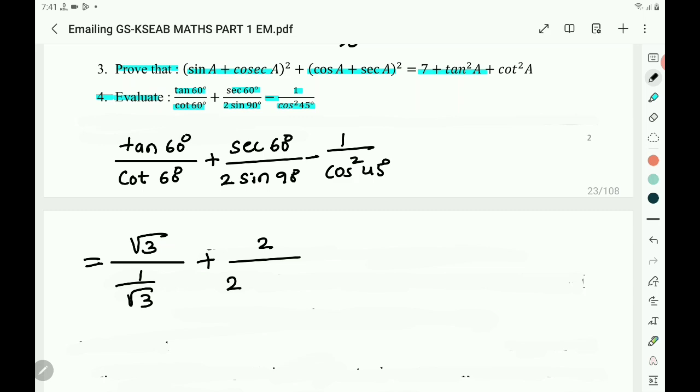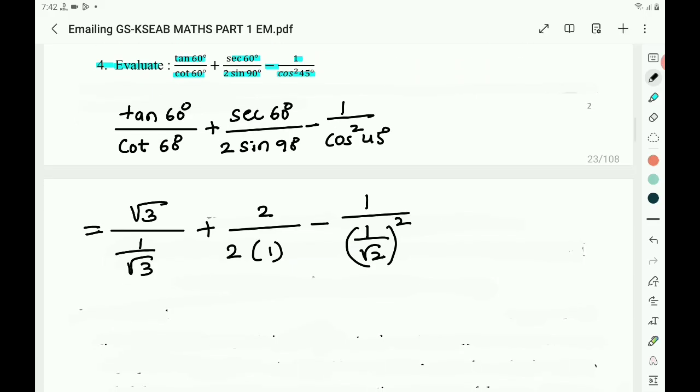Sin 90 is 1, so 2 into 1, minus 1 by cos square 45. Cos 45 is 1 by root 2, so cos square 45 is 1 by root 2 whole square.